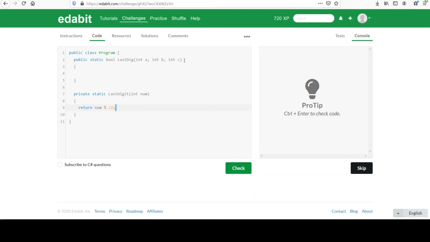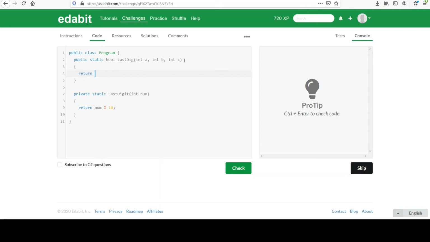Consider the integer 123. If you run modulo 10 on it, you get 12 with a remainder of 3. Remember that modulo returns the remainder only, so you get that 3. And you see how that gives you the last digit. So we'll wrap that up in this lastDigit method.